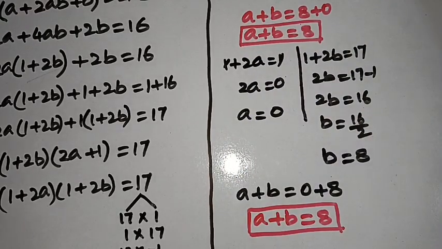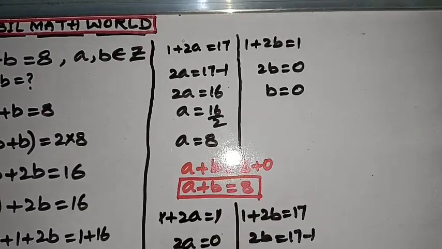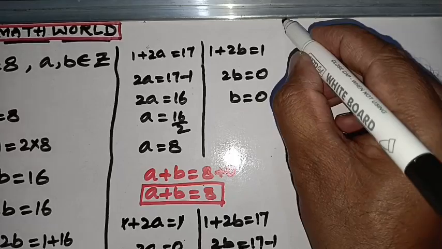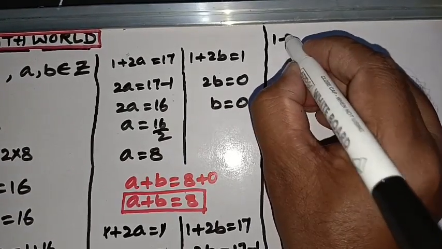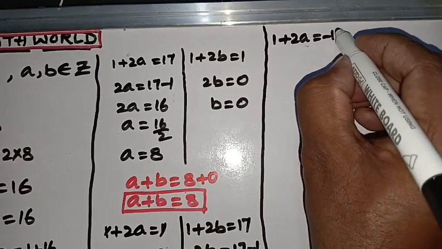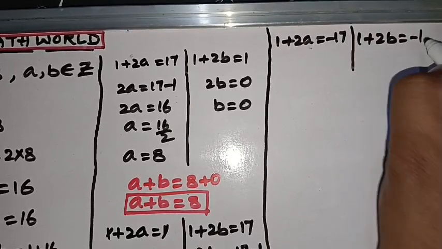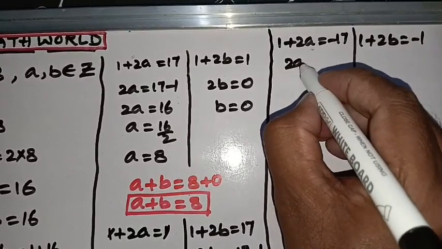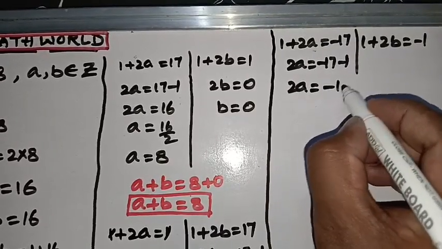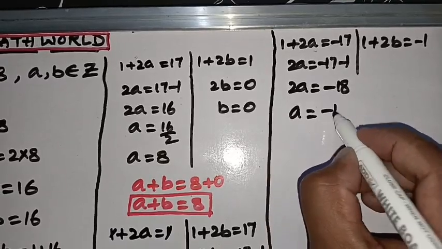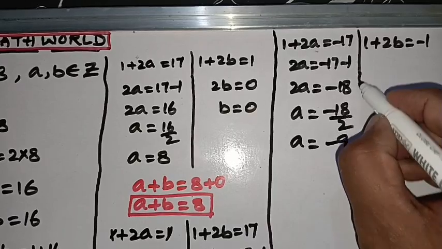And the other possibilities are the negative values minus 17 and minus 1 if we take for the two factors. So then we see what we get. So 1 + 2a = -17 and 1 + 2b = -1, say. So then 2a = -17 - 1, 2a = -18 and a = -18 by 2, a = -9.